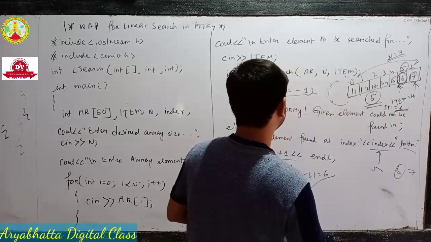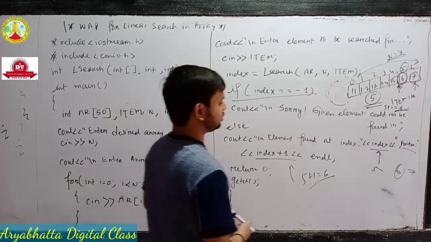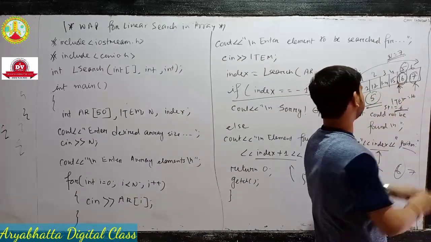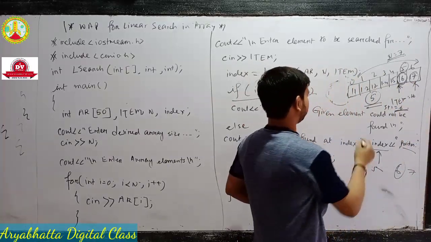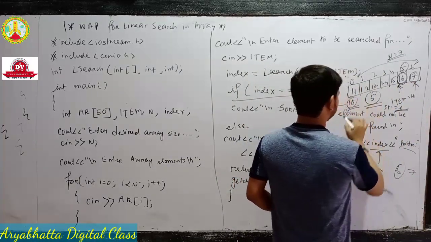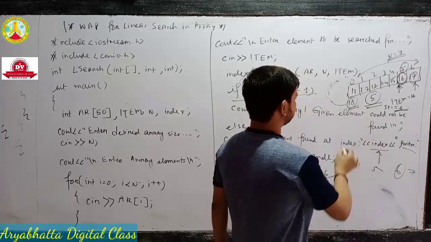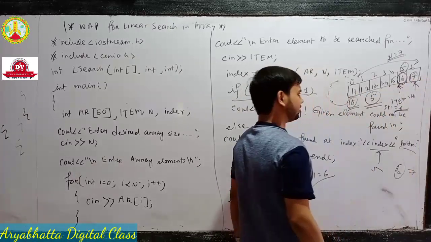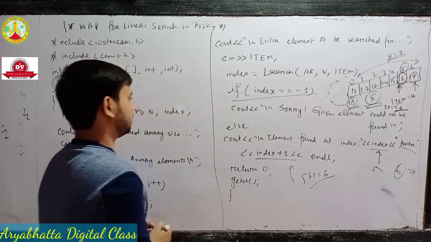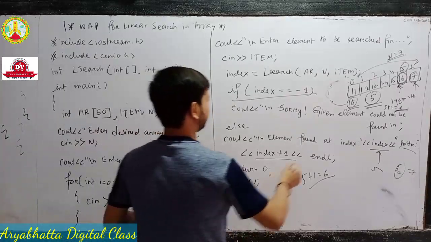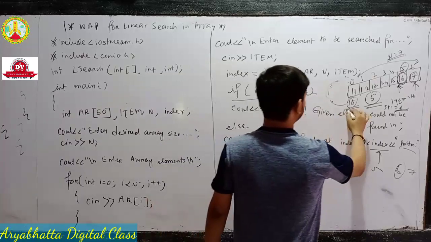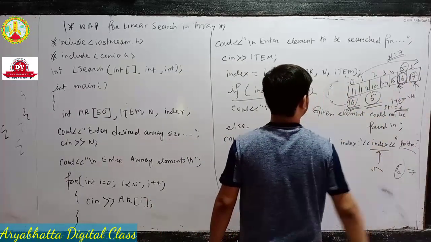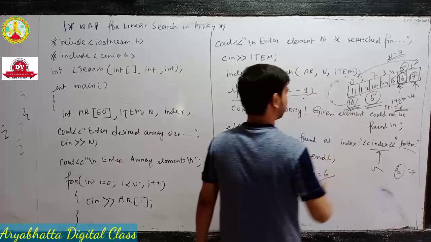Got it? Or suppose you search for an element outside the array, say 11, 12, 13, 14, 15, 16, 17, and you search for the item 18. As I already taught you in the algorithm, 18 is not equal to any element of this array, so the search is unsuccessful. Index equal to -1 means your required element is not inside that array.